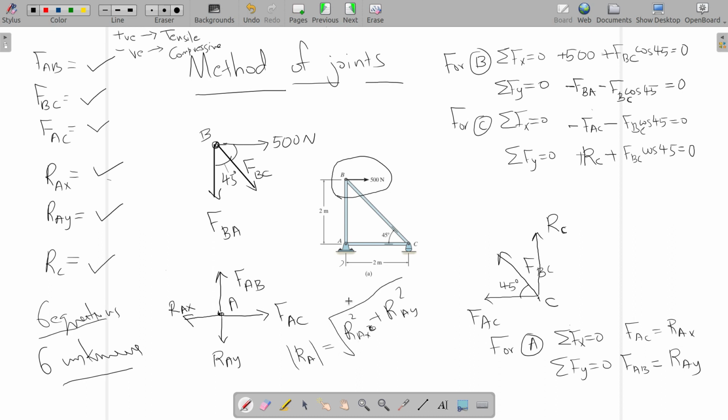And if you'd like to find out the direction, you can use the tan inverse equation. Depending on the direction of RAX and RAY, it will change. That is something you are familiar with. If you have the components, you can find out the magnitude and direction of the resultant. That's something you are familiar with, so I will not spend time on it. So we have completely solved the problem.